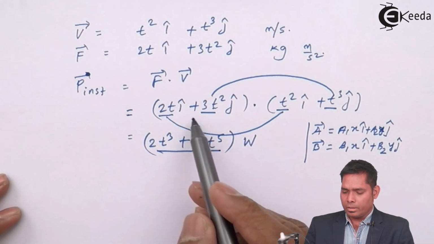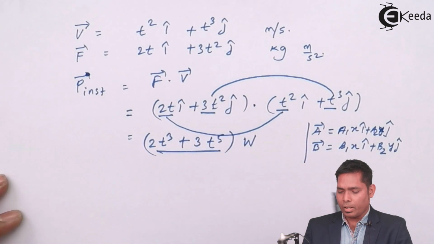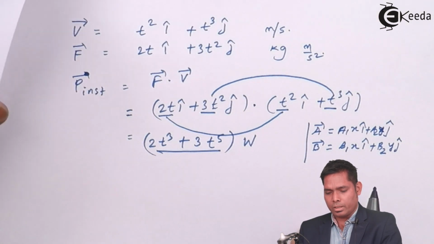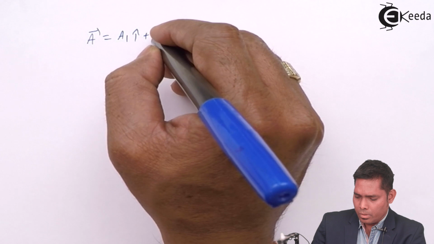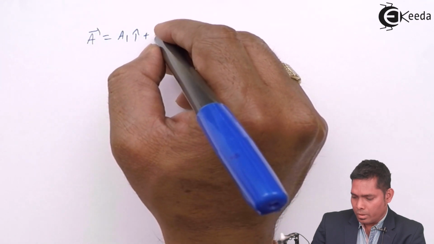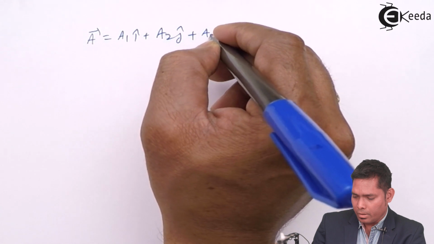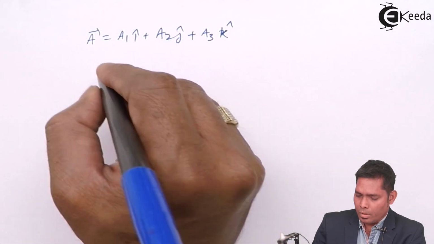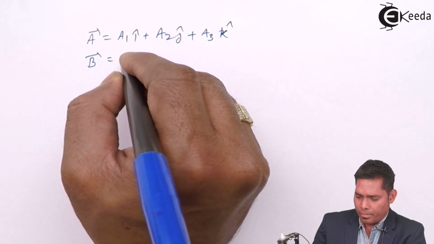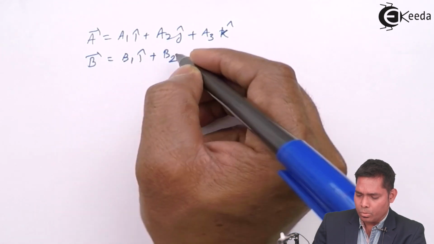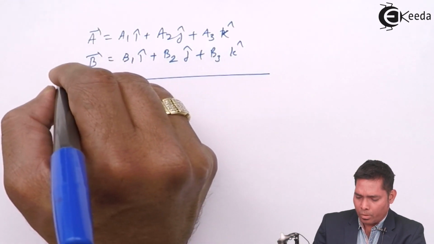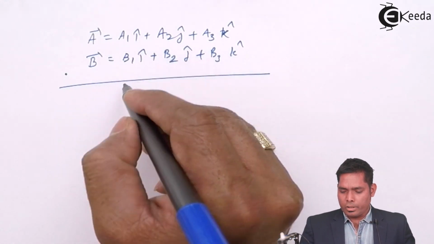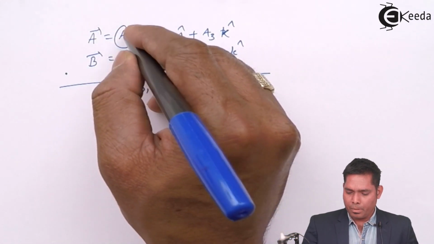Now how this is done, how I multiply these two and add them, we'll see here. Let us take one example. We know that if a vector A is given by a1 i cap plus a2 j cap and a3 k cap, and another vector B is given by b1 i cap plus b2 j cap plus b3 k cap, then for the dot product, a1 and b1 are multiplied.